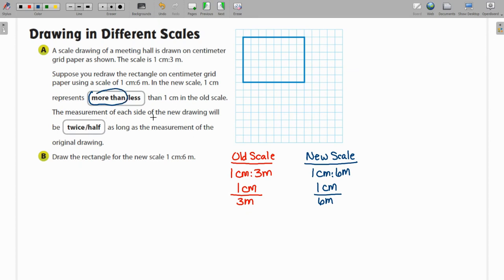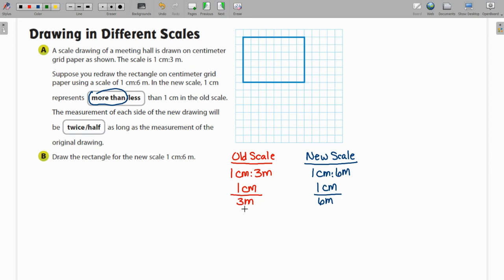Now, the measurement of each side of the new drawing will be twice or half as long as the measurement of the original drawing. If you look at the scales, the drawing lengths, 1 centimeter compared to 1 centimeter, are exactly the same.